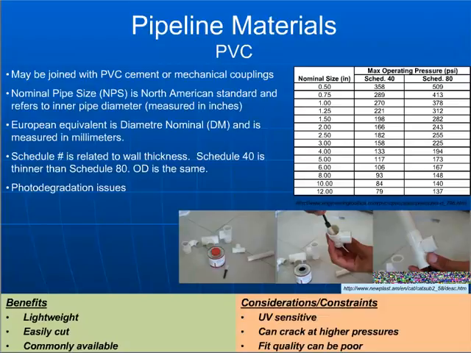It's probably a good idea, though, when you're out doing an assessment trip, to stop by the local hardware store or plumbing supply store or wherever you may get your pipe, and bring some samples of the different pipe diameters back to school with you, back to the U.S., and also get some sample fittings as well, and just make sure that you have a good understanding of how the locals refer to a particular pipe size, and then how you would refer to that particular pipe size in your design.